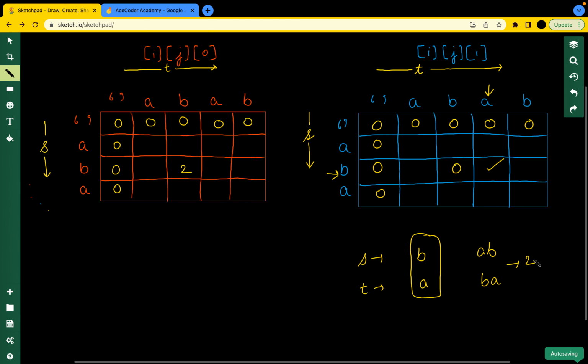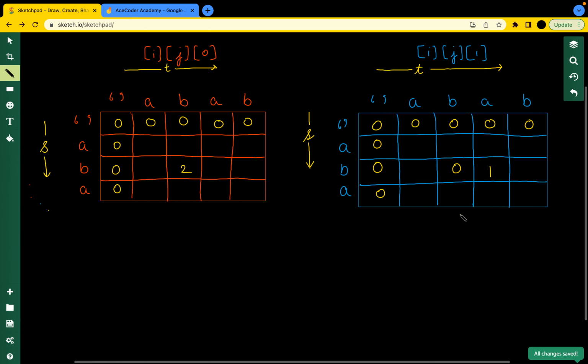So this is not the value that needs to be filled here, because here we are filling the value that is differing by just 1 character. Hence, this is the right case. And for this, the length of the string is basically 1. This is what we will be filling here.